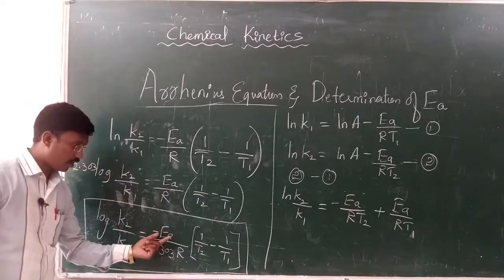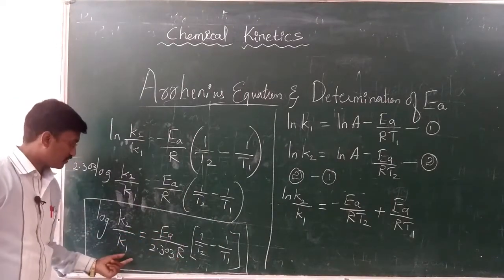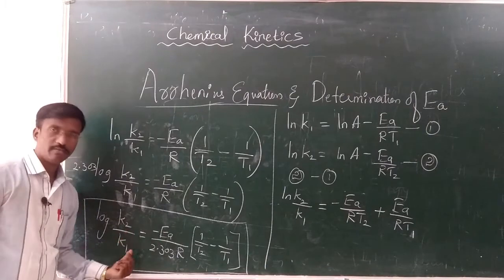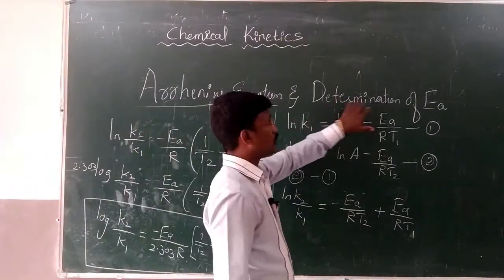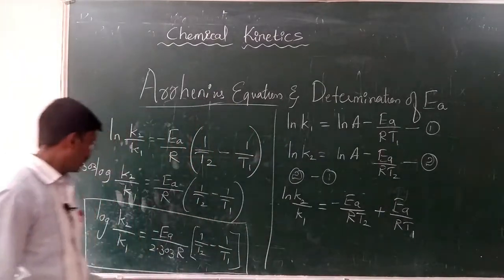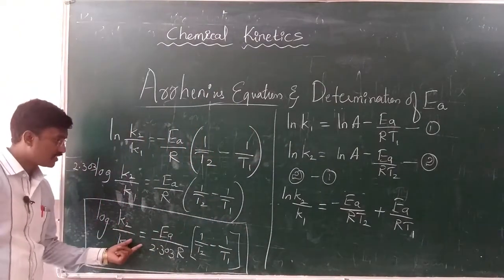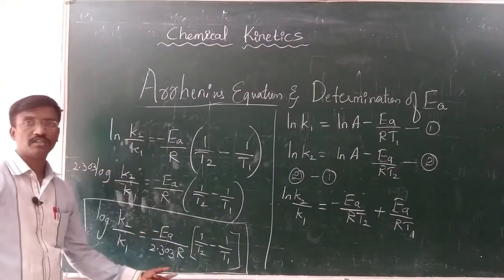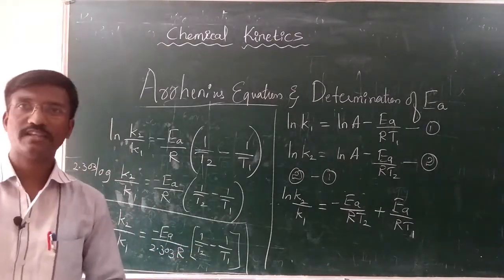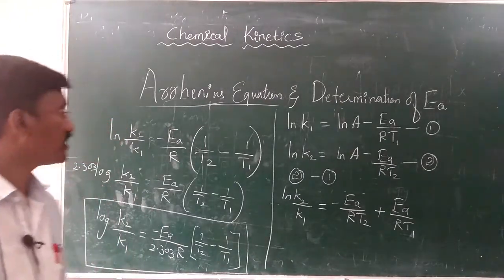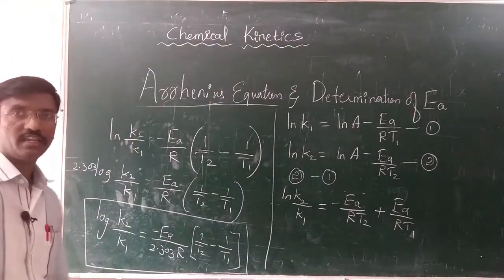To determine EA, or to determine T1, T2 or K1, K2, we use this expression. It is used to calculate the activation energy. Therefore, log K2 by K1 is equal to minus EA upon 2.303 R into 1 upon T2 minus 1 upon T1. This expression is important for your further problems.